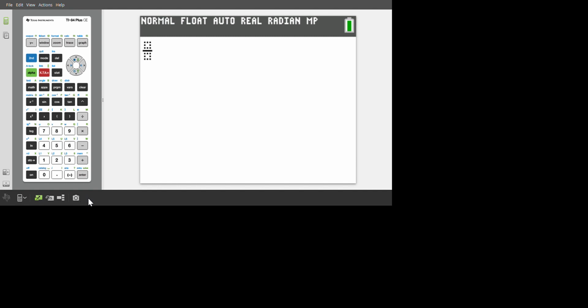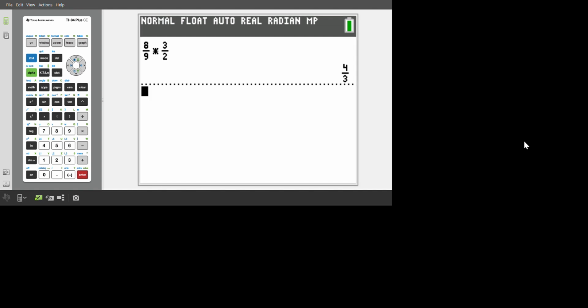Let's say we want to do 8/9 times another fraction, say 3/2. If we do that directly using the fractional setup, it's going to give us the answer in a fractionalized term in the most reduced form after solving it.